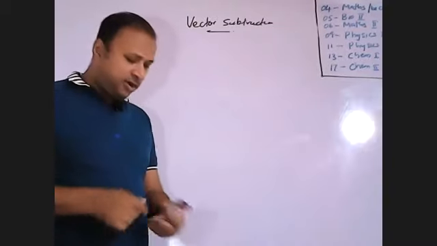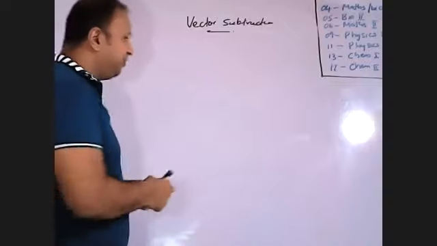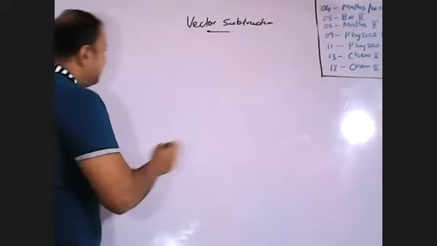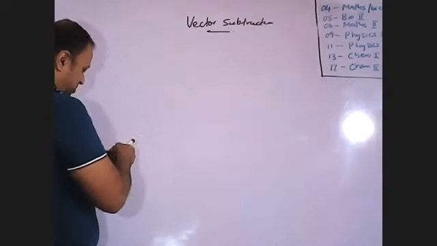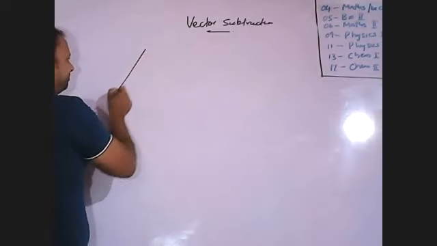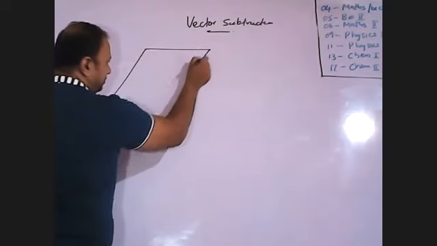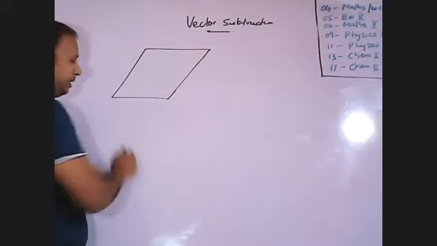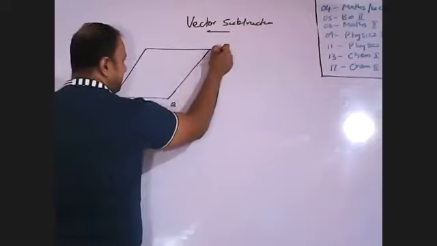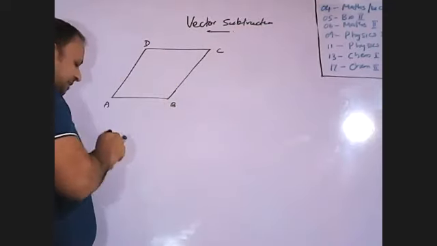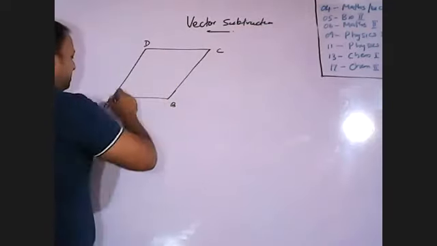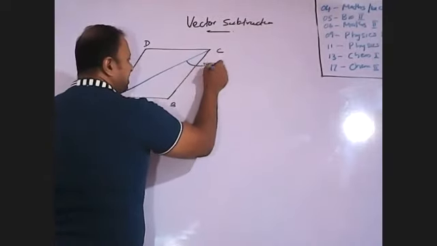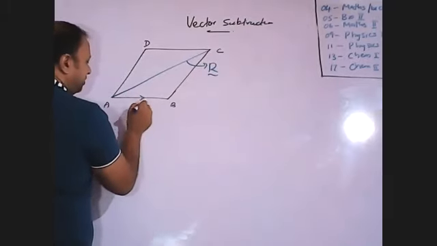First of all, if I draw the vector parallelogram for any two vectors, I will have this kind of parallelogram A, B, C, D. As we discussed earlier, this AC diagonal gives the resultant vector.